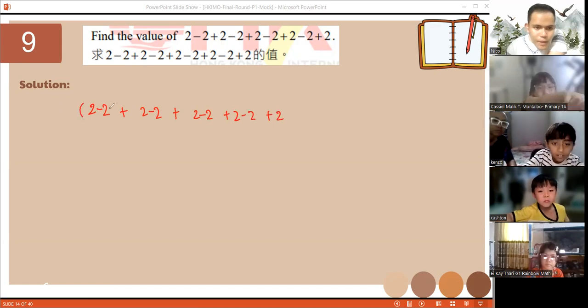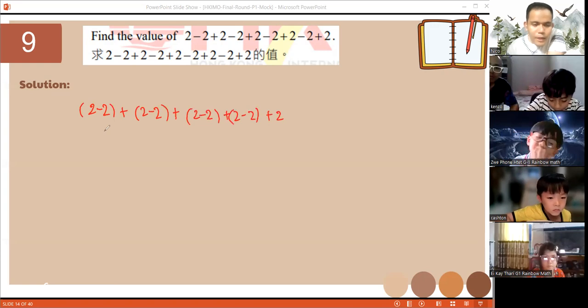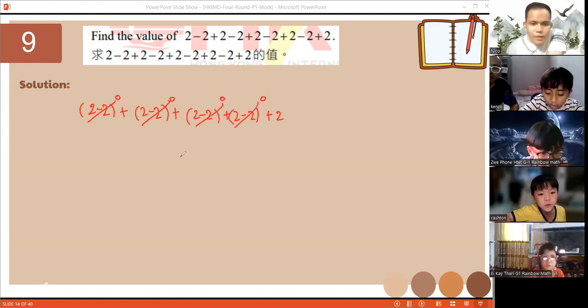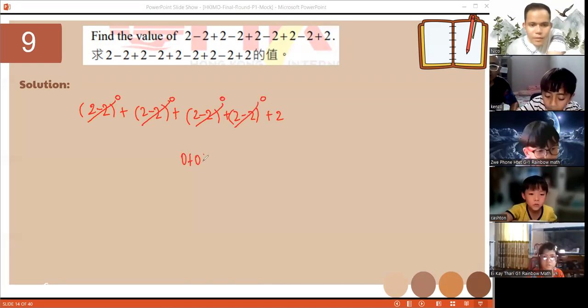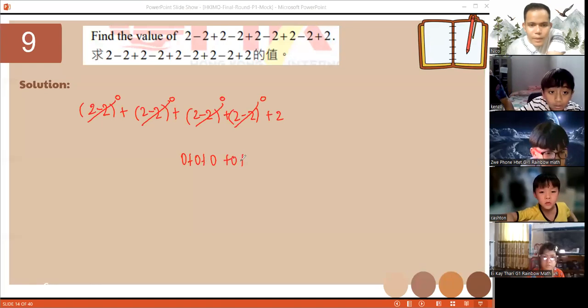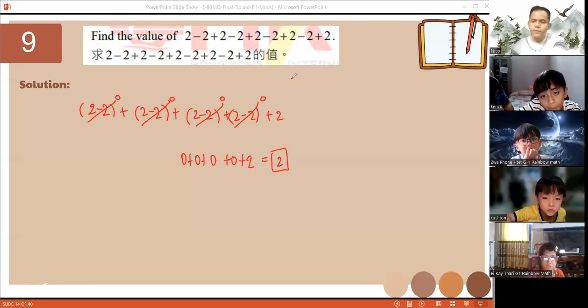If we group this one here, group by group, the answer is 2 minus 2 is 0, correct? So 2 minus 2 is 0, and each group is just 0. So 0 plus 0 plus 0 plus 2. So the answer here is 2. So this is just very easy.